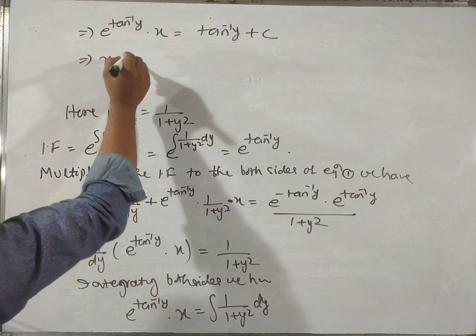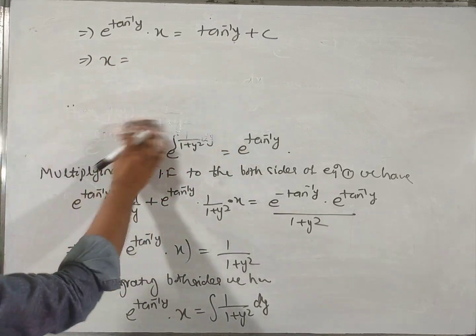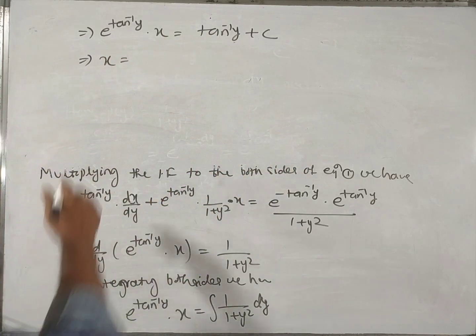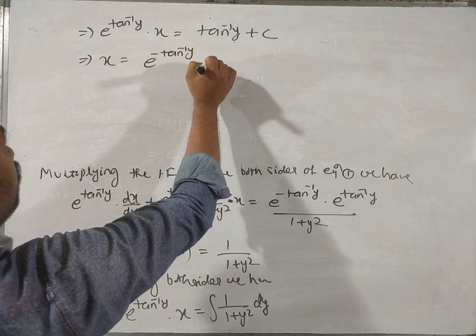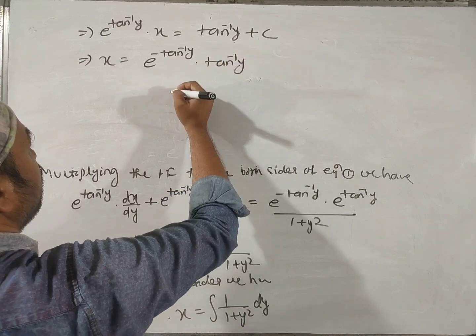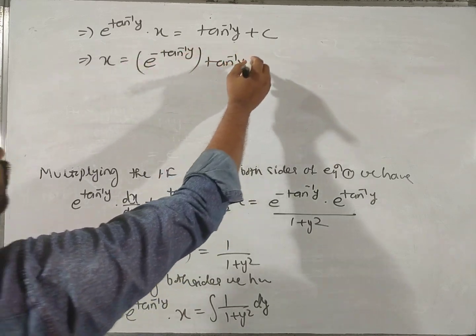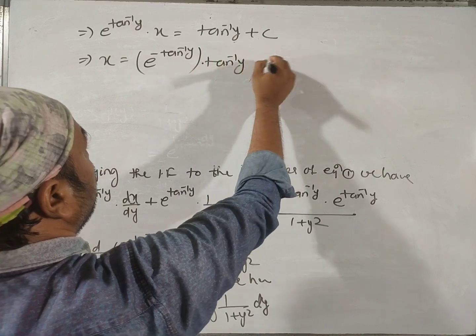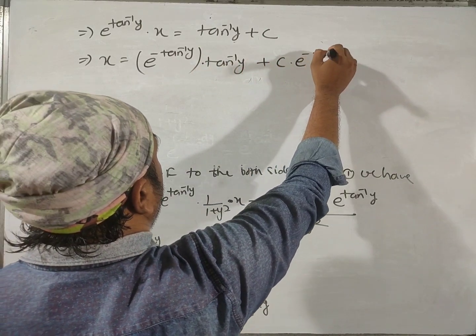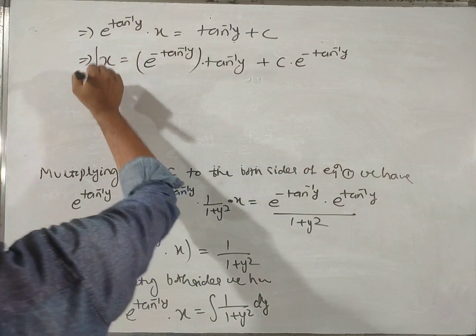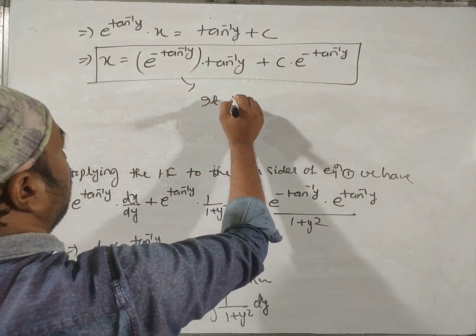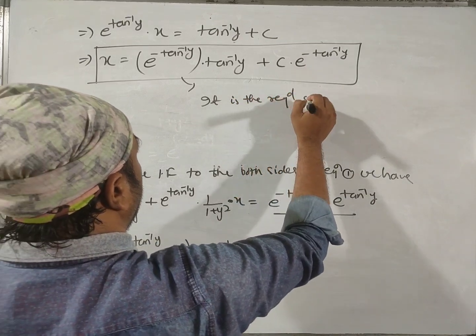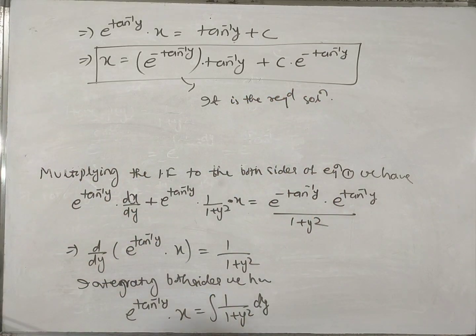Then it is x is equal to e to the power minus tan inverse y multiplied with tan inverse y plus c into e to the power minus tan inverse y, and here it is the required solution. Then going to the next problem.